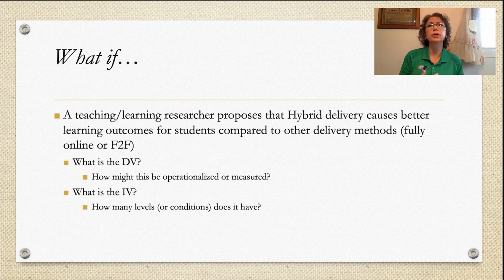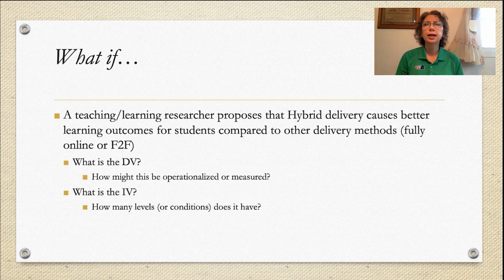So let's say they're looking at different ways of administering a course. A hybrid where, like, let's say during a week, one class is online and the second class of the week is in person. So some kind of hybrid delivery method compared to being fully online or being fully face-to-face.